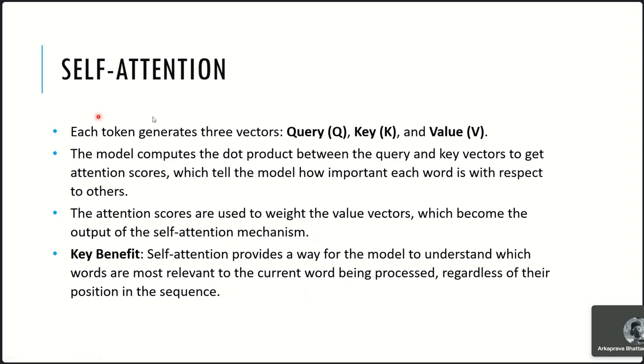Your attention mechanism has three vectors called query, key, and value. Okay, and using these three components, it calculates something called the attention score.